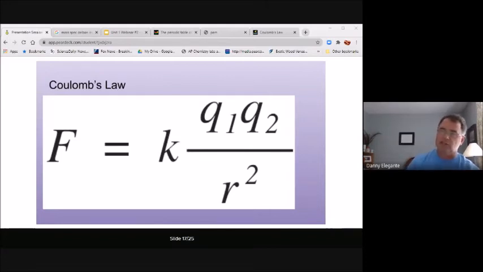And then the R squared is just the radius, and we need to talk about that in terms of how far away something is. So when we talk about the 1s electrons, those are really close. But when we talk about the second energy level, those electrons are farther away. So we're either going to worry about Q1 and Q2, so how many protons it has and how many electrons, or we're going to worry about the radius.